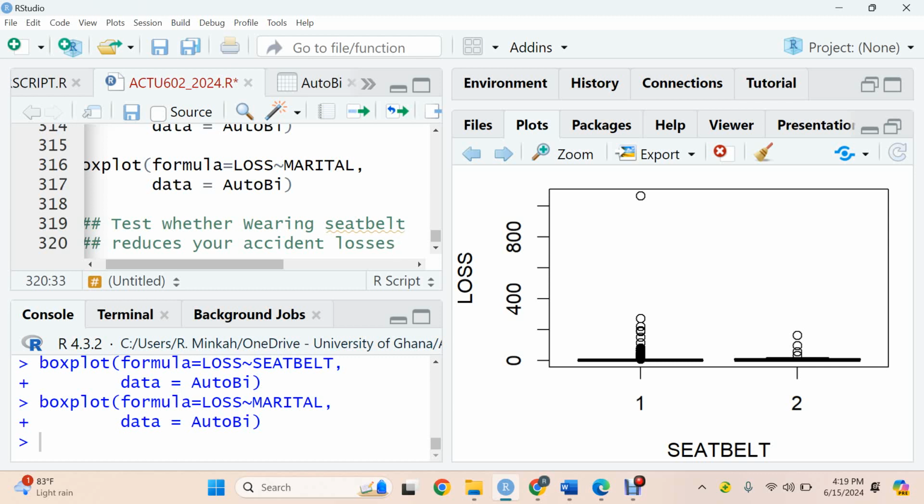If you fail to reject, it means that wearing a seatbelt does not lead to what? A reduction in losses. Either it is equal or it may even be greater. Is everybody okay with it? Okay, good. So that's it. And then we conclude. Our conclusion is that wearing of seatbelt does not necessarily lead to a reduction in the losses.